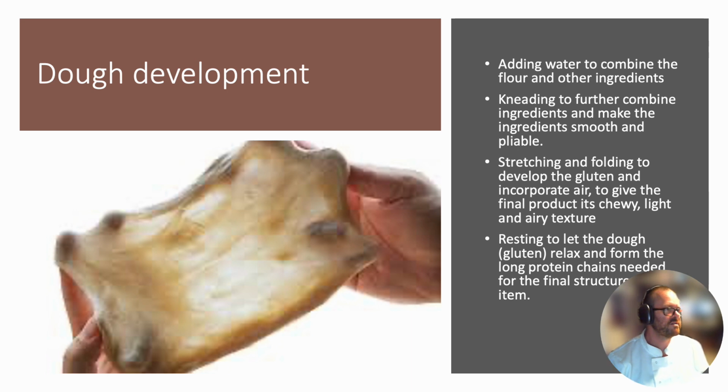It's going to activate the gluten. Kneading it or stretching it with your hands is going to make it more smooth and more stretchy. Then you get other techniques, stretching and folding, and that gives it a chewy, light, and airy texture. Whereas resting the dough relaxes the gluten, and you get these long protein chains. It's pretty cool actually.